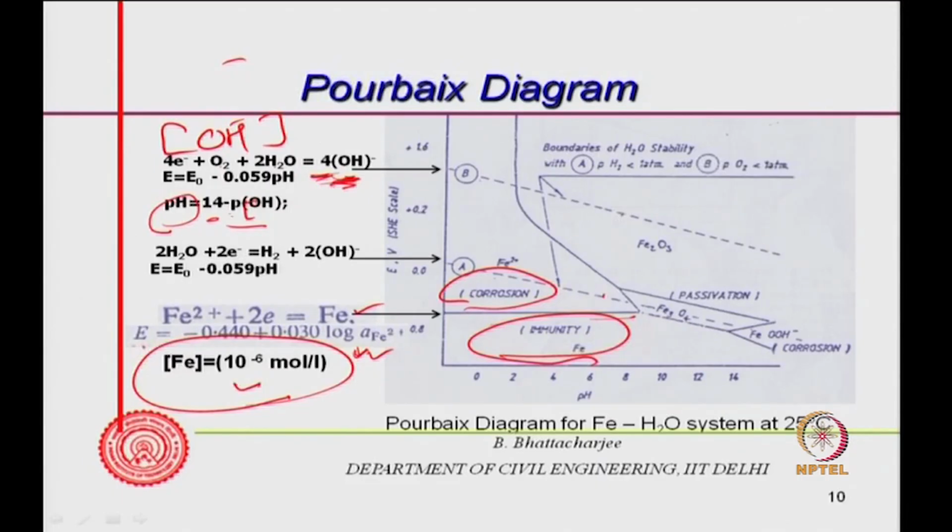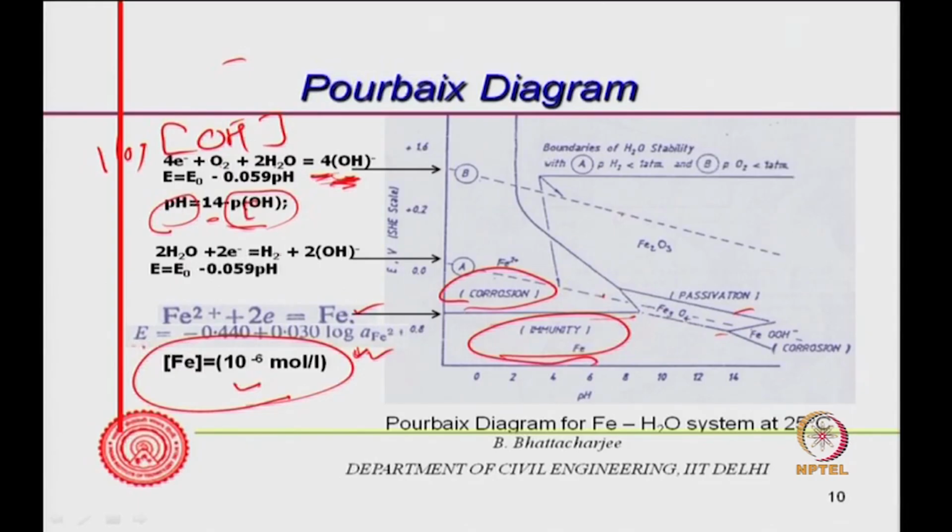So, pOH can be replaced by 14 minus pH, because it will be the negative of log of hydroxyl ion concentration, and that can be written in pH terms. So, you can see that E varies linearly with pH, E equals E0 minus 0.059 pH. Similarly, for various other reactions you can get equations varying with pH.